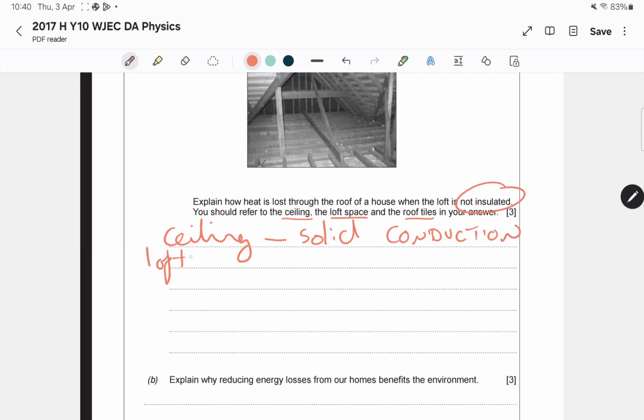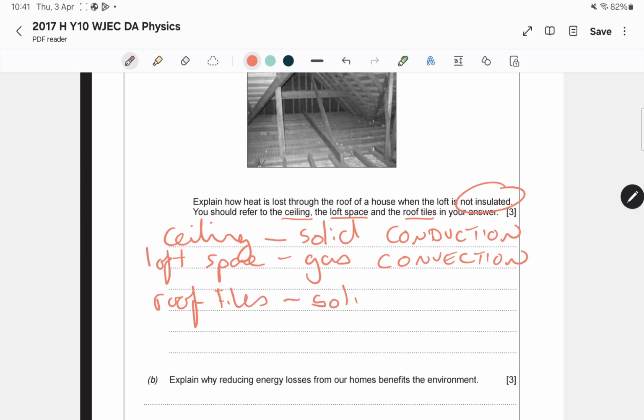The loft space, that's the air inside the loft, so that's a gas, which means we're going to have convection currents. And then how does it get through the roof tiles? Well, the roof tiles are solid again, so there'll be conduction, but they're probably black as well, which means they're going to absorb and emit the radiation.